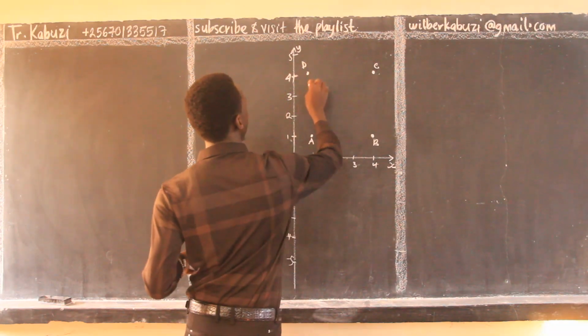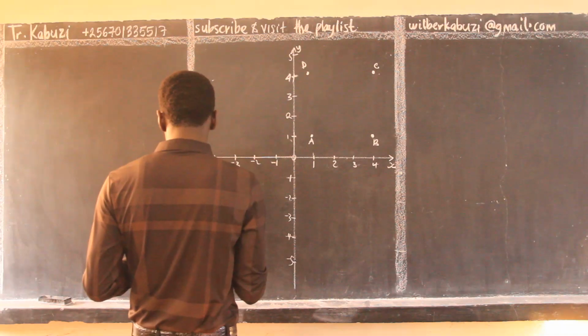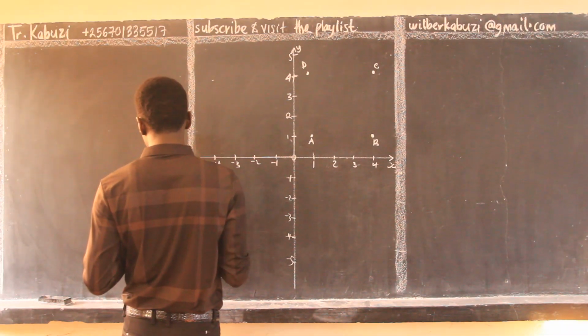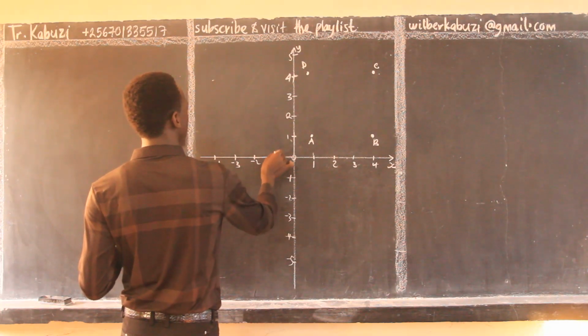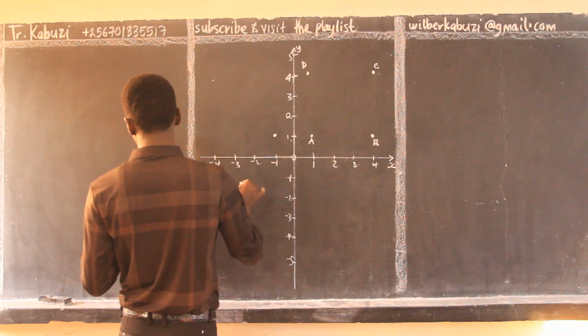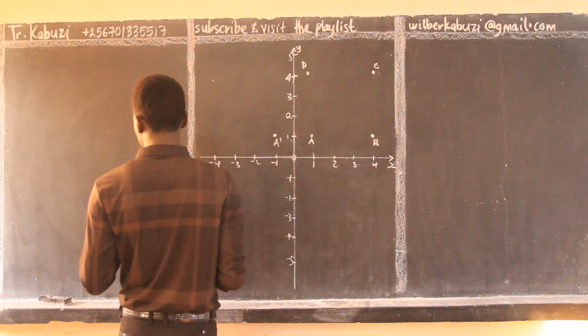Then they told us that it was rotated to negative 1, 1. So probably this was our A prime.